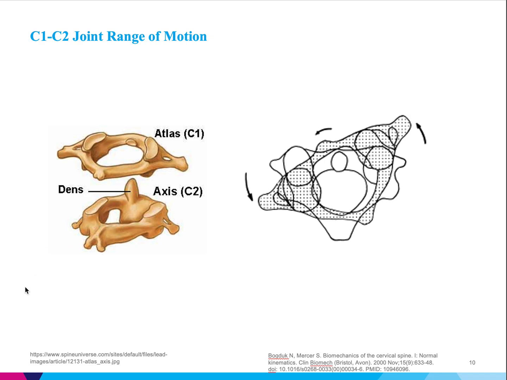Now the extent of movement can vary based on methods of measurement, but the axial rotation of C1 and C2 has been reported to be between 30 and 75 degrees. In general, you can take it as approximately 45 degrees of rotation to each side.